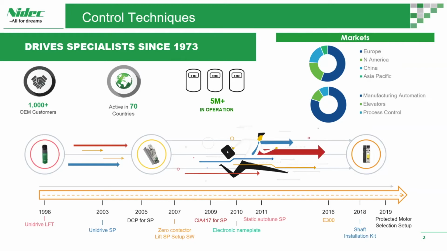Over the years and over the generations of products, we have implemented a lot of specific functions in our products that are special to the elevator industry. We started with CiA 417 with our previous generation of products more than a decade ago, and we've also been implementing CiA 417 in our current generation of elevator drives.